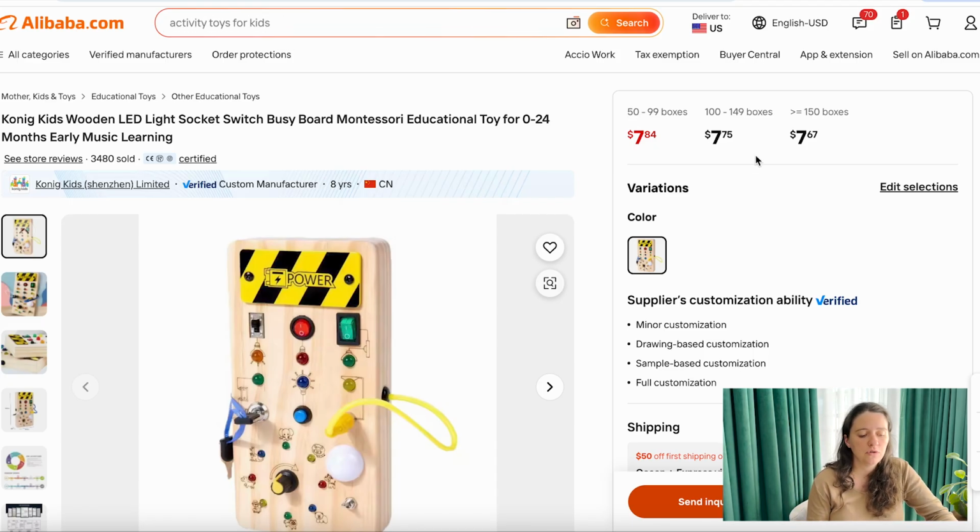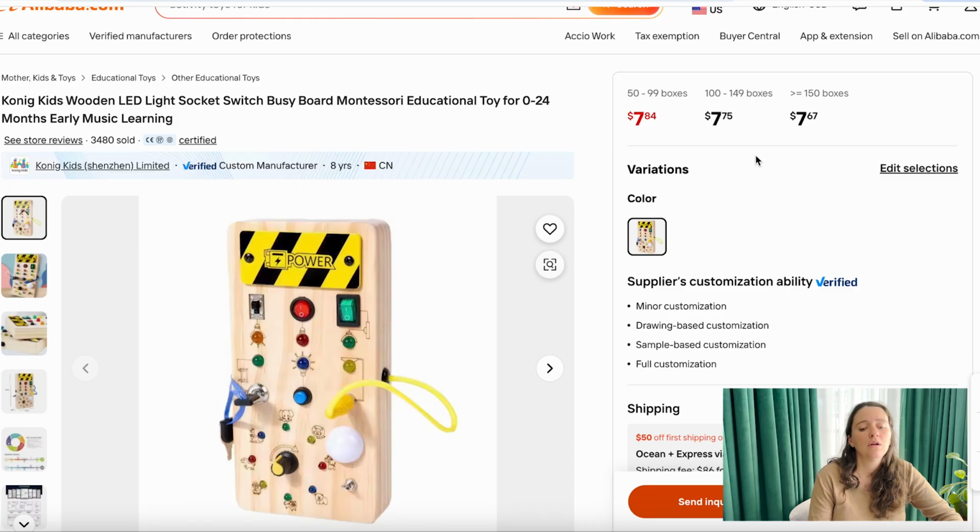As I told you, you need to start a conversation with a supplier and ask about the unit price, and the unit price with customization might be different. So this is often flexible. MOQ is also often flexible. So just reach out to the supplier to know the final unit price and MOQ.